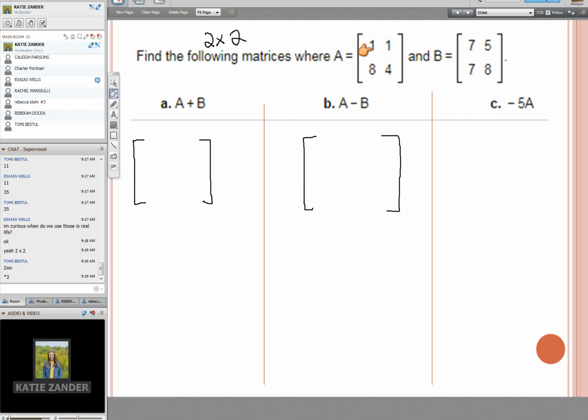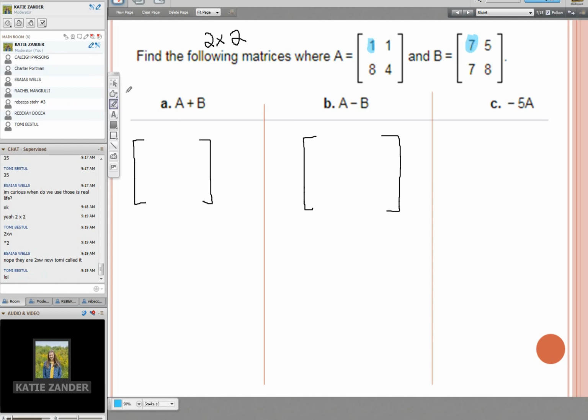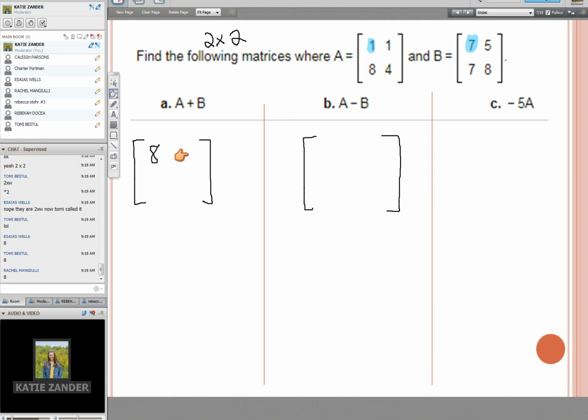So we'll start with the elements in row 1, column 1, and now you would add those elements together. In my resulting matrix, what is that new element going to be? An 8, good.